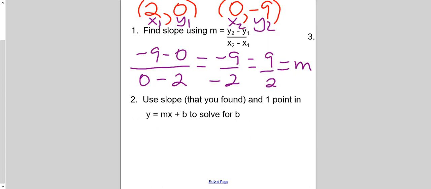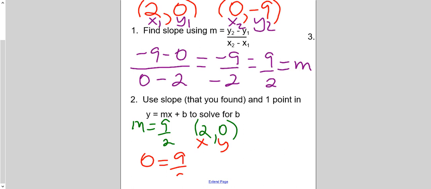All right, let's go ahead then and find our y-intercept. So I have this slope at 9/2. I just need to pick one of my points. Does not matter. So I feel like 2, 0 maybe is the easier point to use. Remember, this is an x and this is a y. So I'm going to get 0 equals 9/2 times 2 plus b.